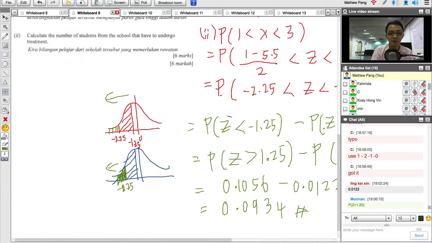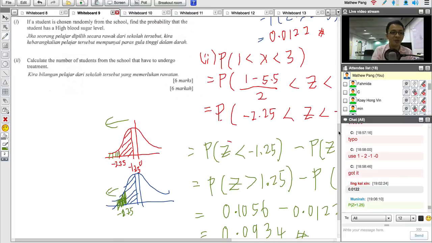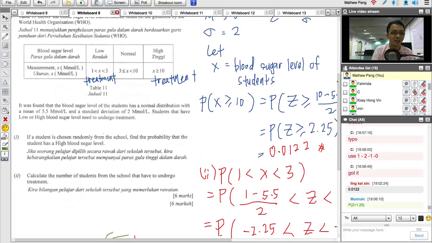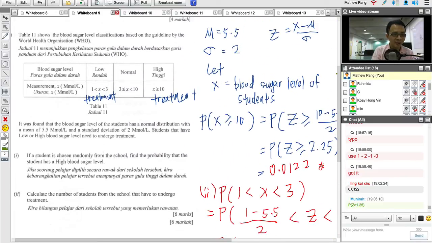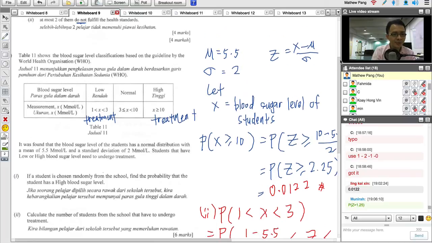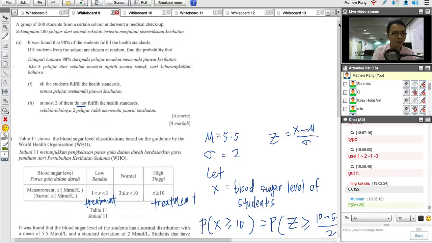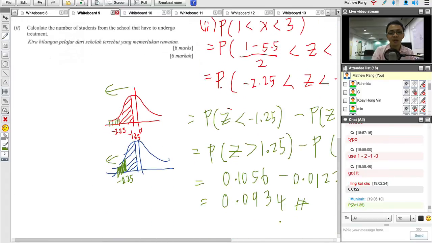Oh no, not yet. They ask you to calculate the number of students from the school who have to undergo this. So in total how many students do we have here? That's why they gave you 200 students. So with 200 students and this probability, I'm going to multiply 200 by 0.0934.